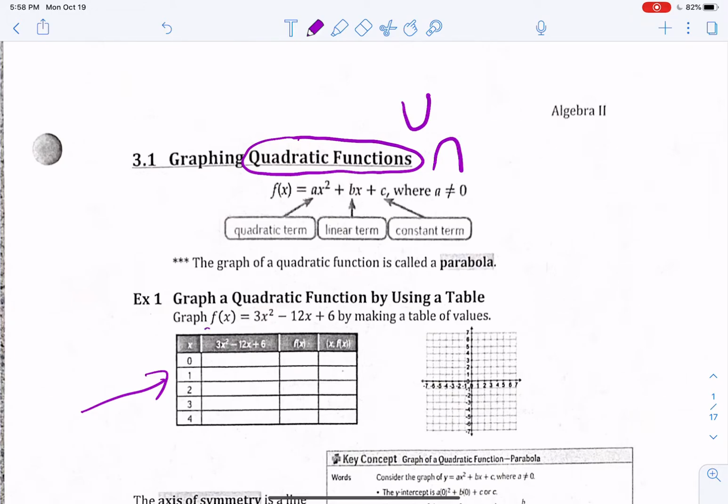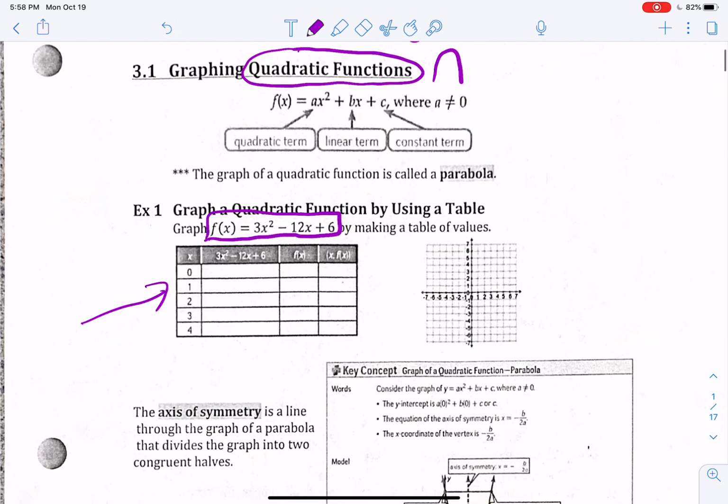But when you have stuff that's really super ugly, like this function, it's probably just easier to make a table rather than to try to dissect it and figure out what all those numbers are doing and how it's shifted. So in this case, it is just easier to make a table of values and graph your parabola.